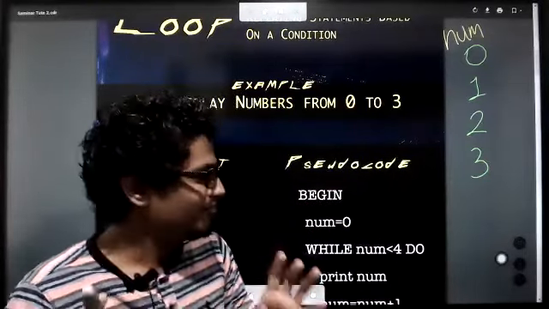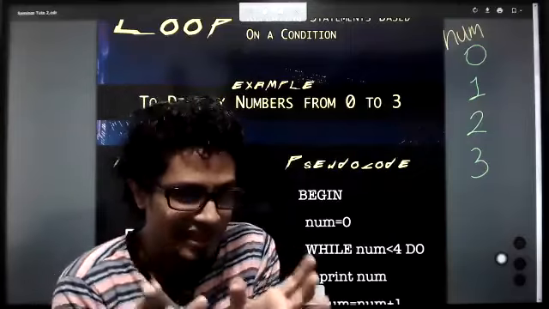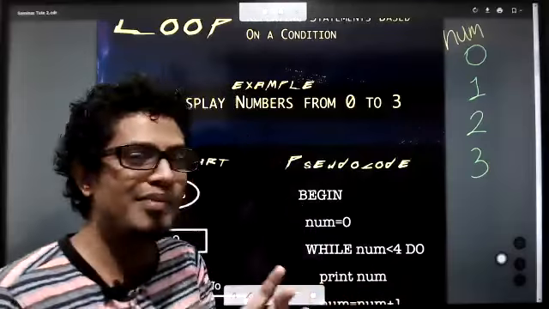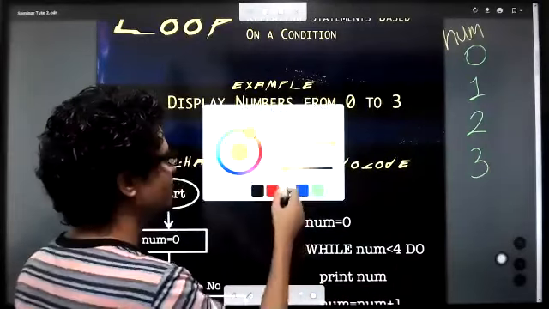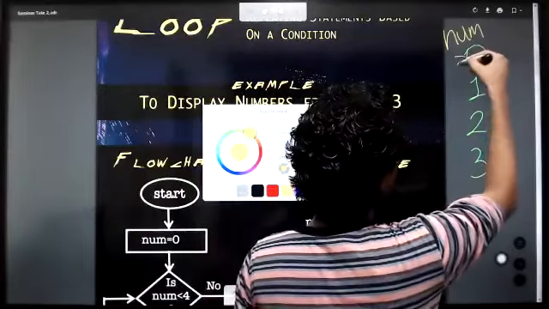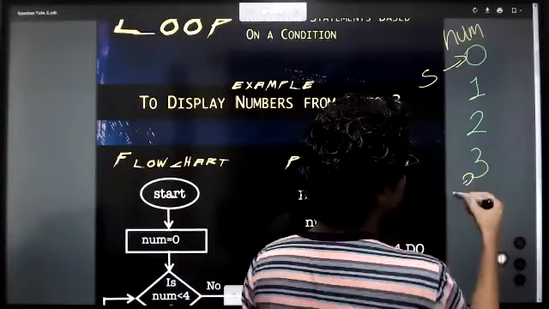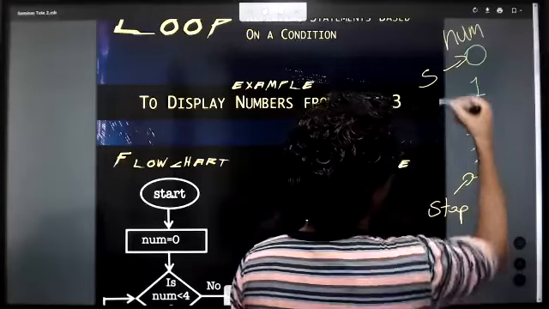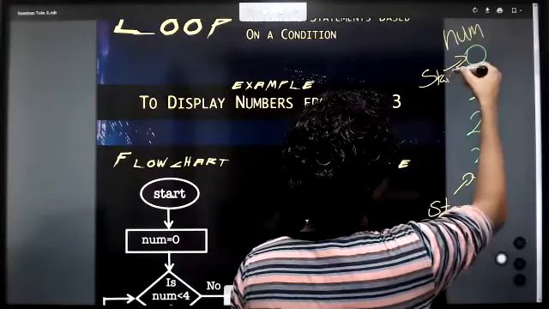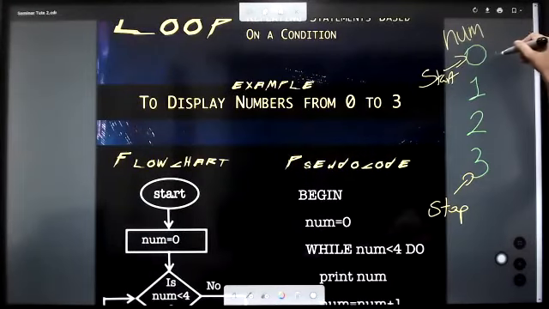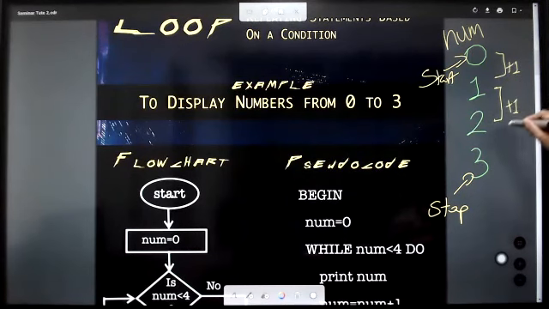So don't forget, in any usual counter controlled loop, there are mainly 3 things, the 3 S's: start, and then stop. And also we have one more very important thing, that is always +1, +1, +1 will give us the next number.